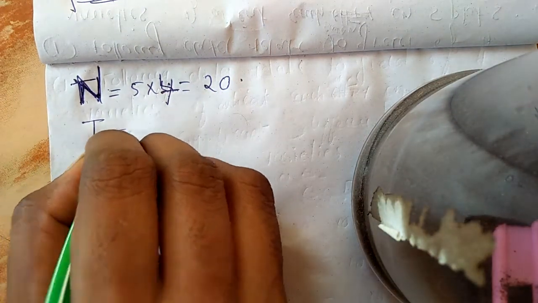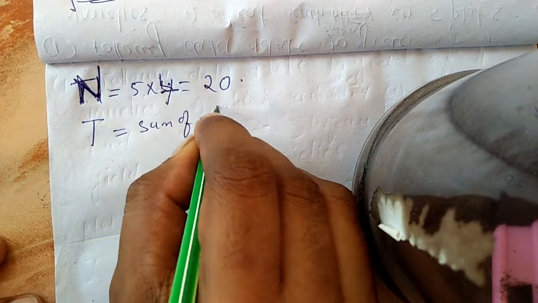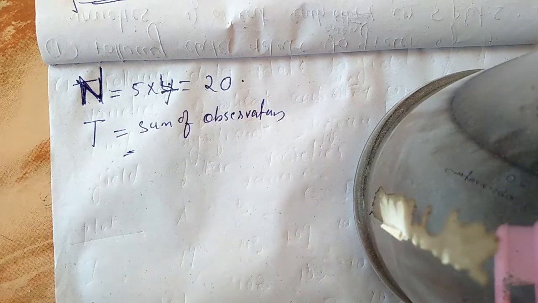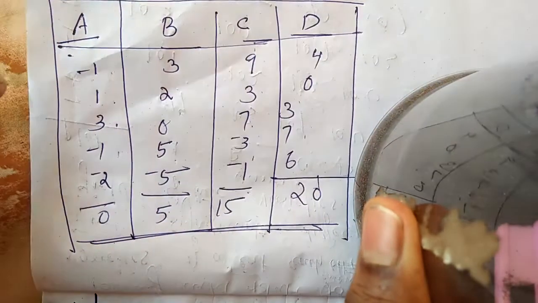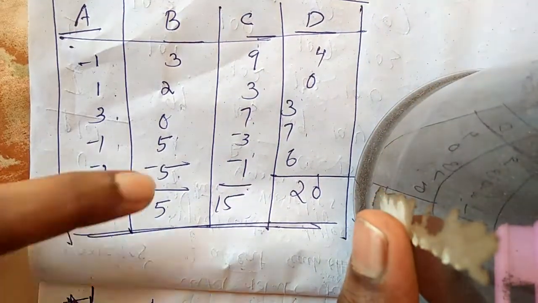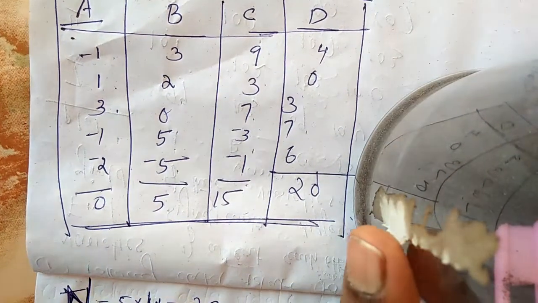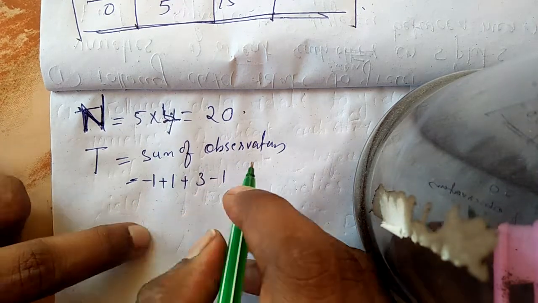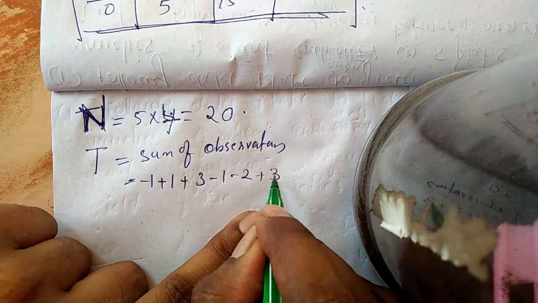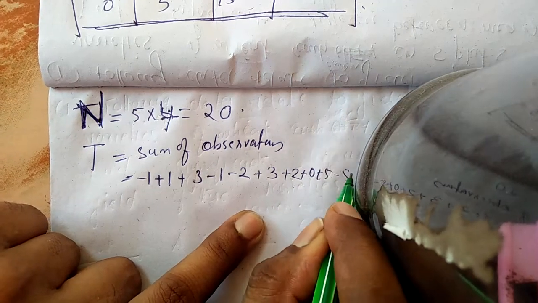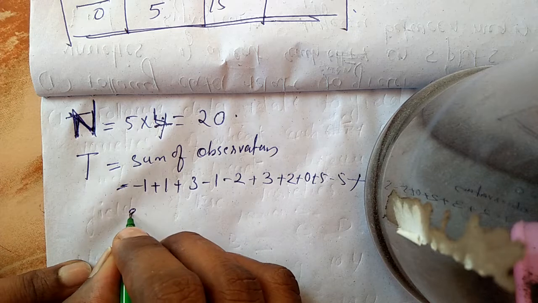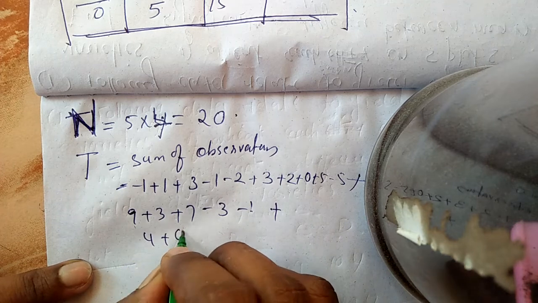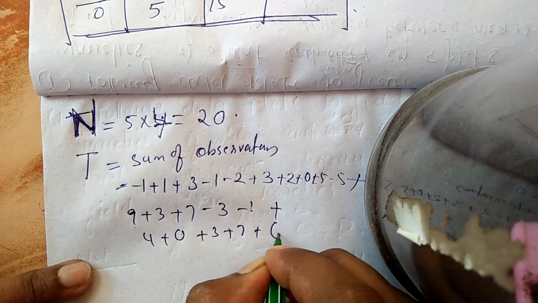Next, T is the sum of the observations. So you take all observations and add them: minus 1, 1, 3, minus 1, minus 2, 3, 2, 0, 5, minus 5, 9, 3, 7, minus 3, minus 1, 4, 0, 3, 7, 6.